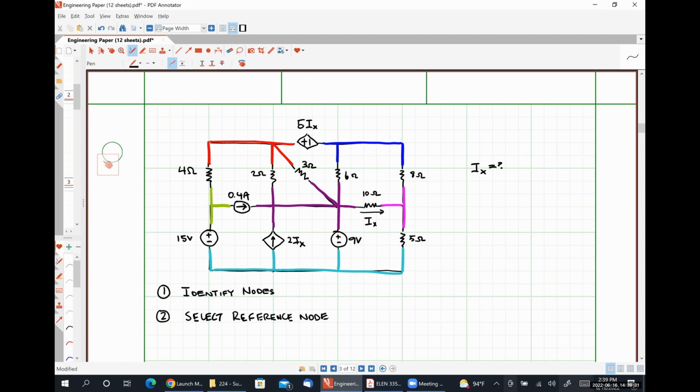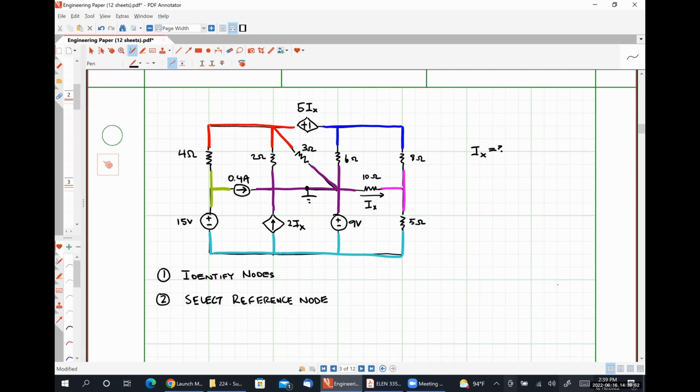So by my count, there are 14 of you, type a color into chat that I've used. Purple. Thank you, Sean. All right, so we're going to choose this node here in the middle to be our reference node.